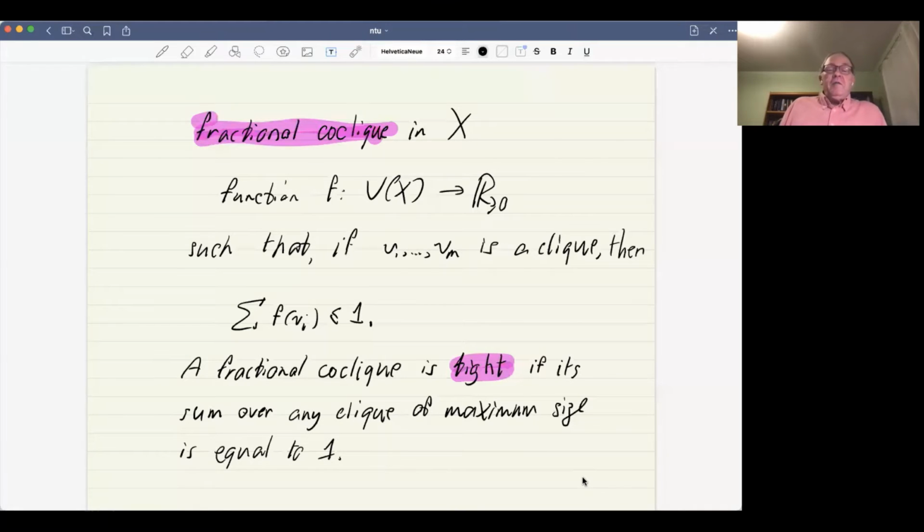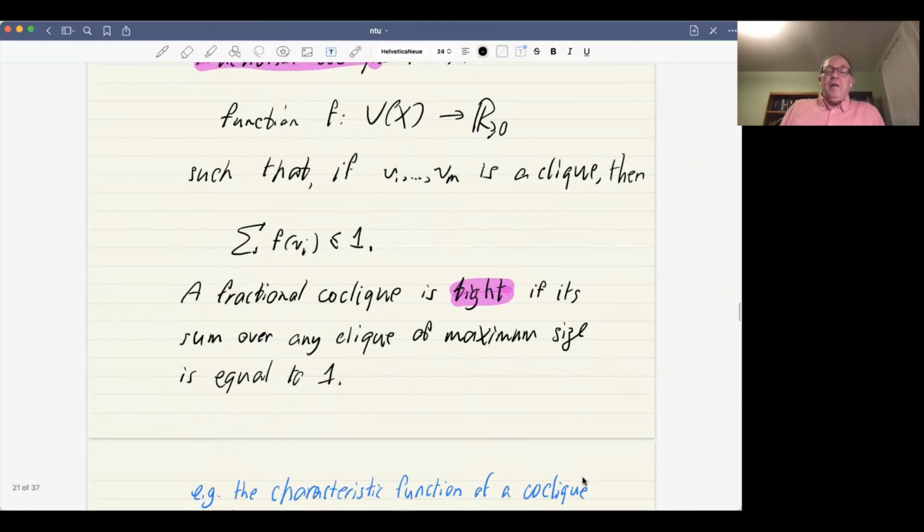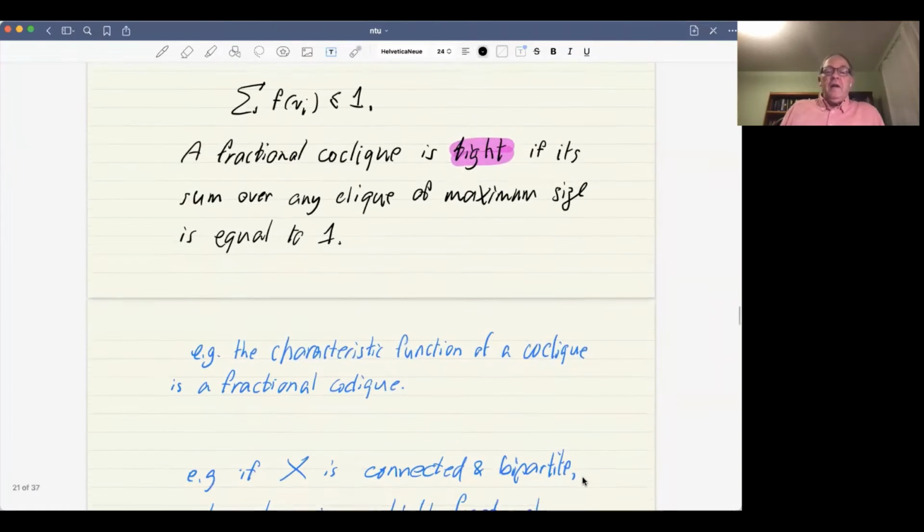Now, apart from three examples to help explain the concept, the only graph I'm going to be looking at fractional co-cliques and tight fractional co-cliques on is this orthogonality graph. There the maximal cliques have size D, and so I want a non-negative function on the unit vectors that sums to 1 on any orthogonal basis. That's a tight fractional co-clique.